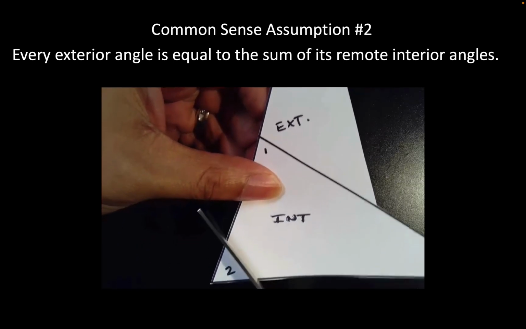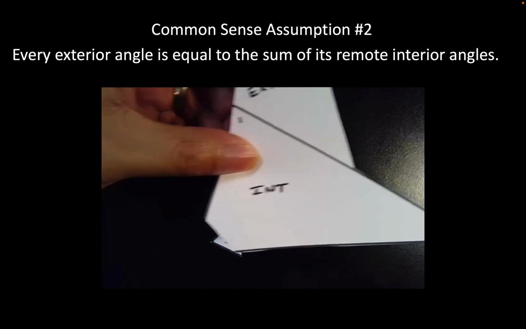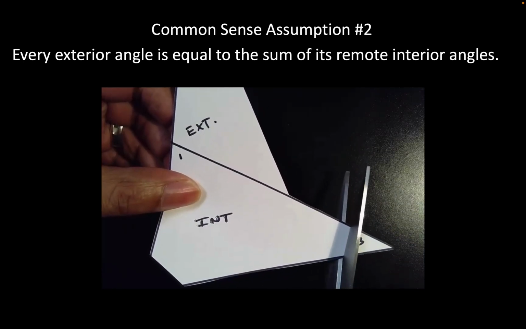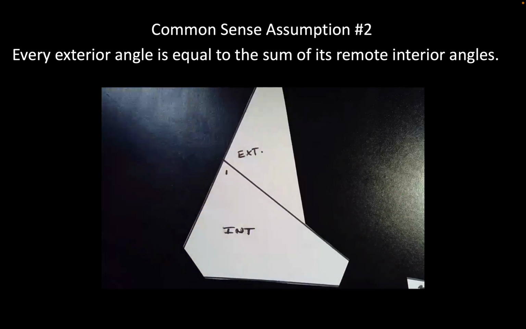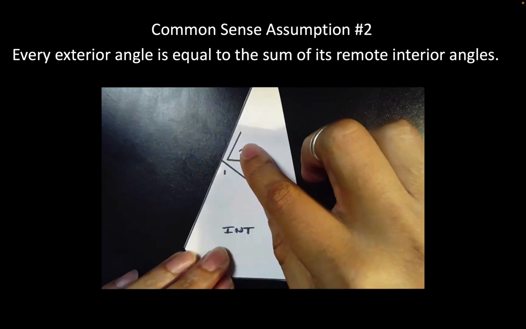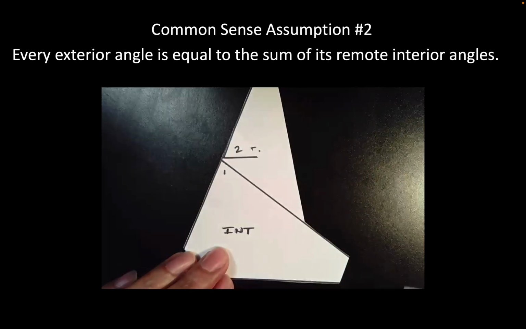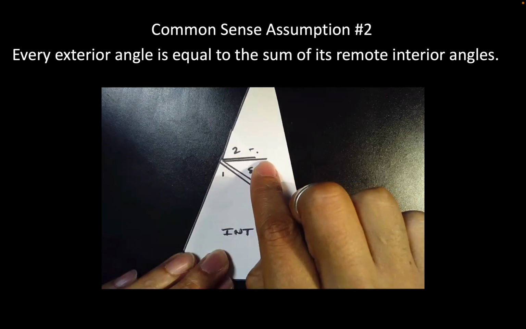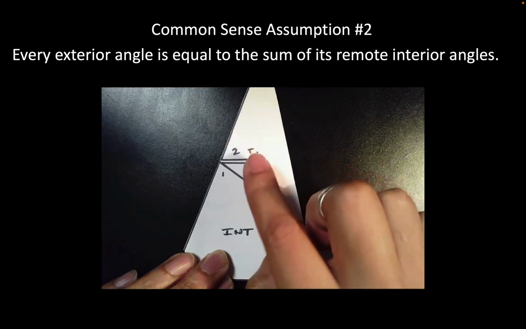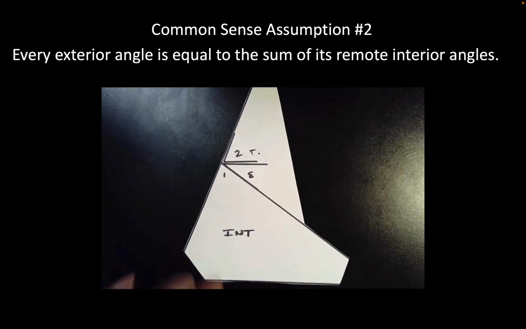So I cut out angle 2, and I cut out angle 3, and then I simply stacked them on the area where the exterior angle is, just to show you that it takes up the same amount of space, which means that angle 2 plus angle 3 automatically equals your exterior angle.